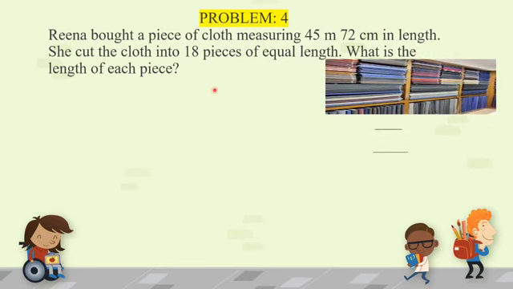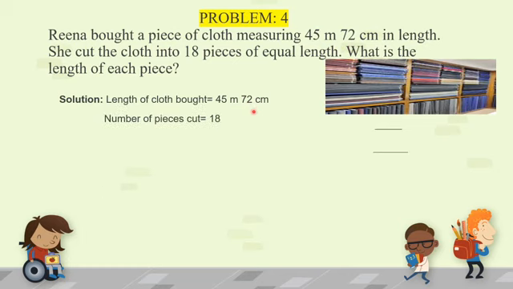So let's get to the solution part. Here the first statement, which is very important in word problems: length of cloth bought. What is the total length of cloth bought from the shop? 45 meter 72 centimeter. This is the length of the cloth bought by Reena.